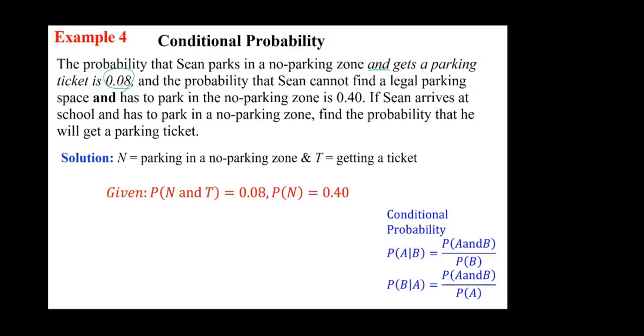With that being the case, let us write one of the conditional probabilities, probability of A given B or B given A. If we write probability of T given N, this is how we write it. Just for the sake of argument, if we were to write probability of N given T, the numerator would be the same, but the denominator would be P of T. Let me write that, and I'll tell you why we are not going to use that. It's important to see why we are not using that.